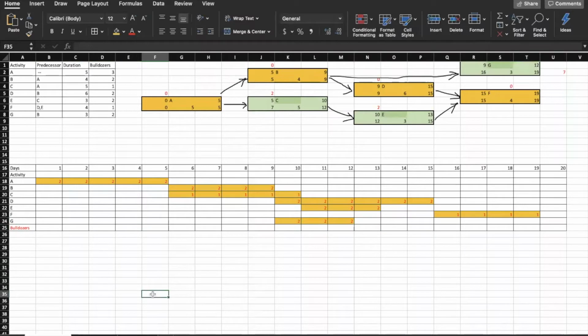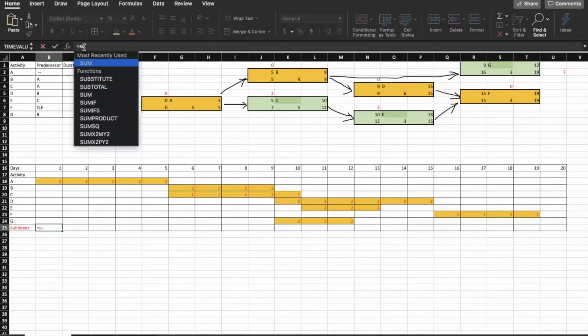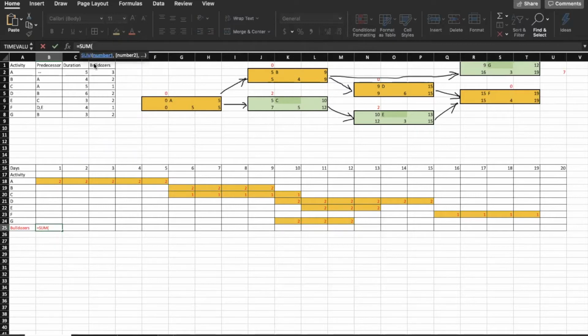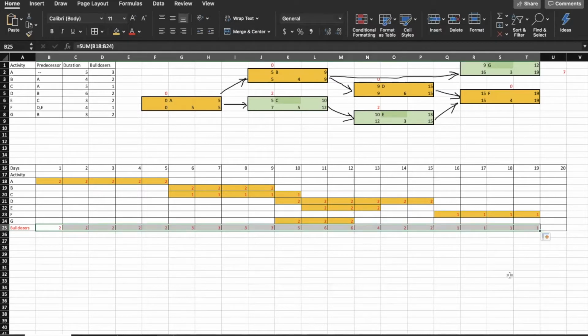And now we will find out the total number of bulldozers we need each day by summing up each of the columns. So I will use the sum function and just select the column of the activities A through G. So in the column we only have 2, and then I'm just dragging the sum function all the way to the 19th day.